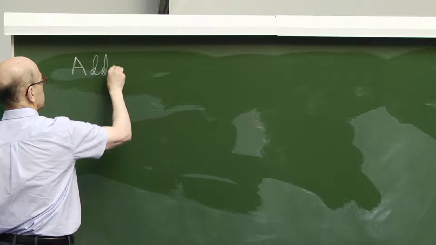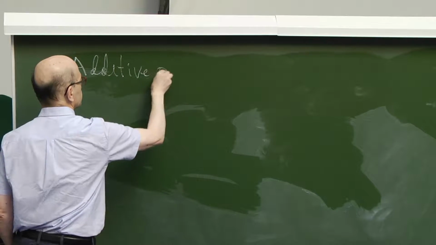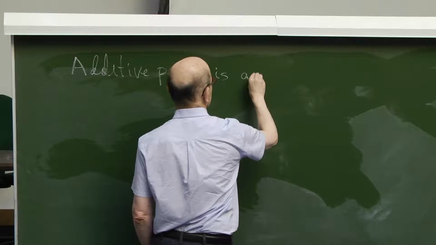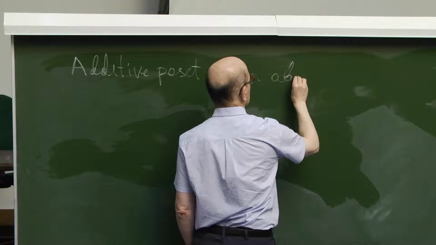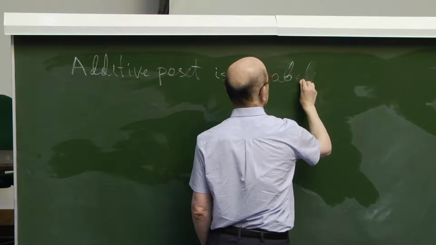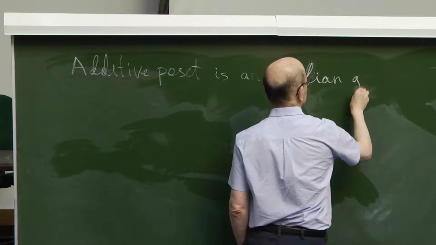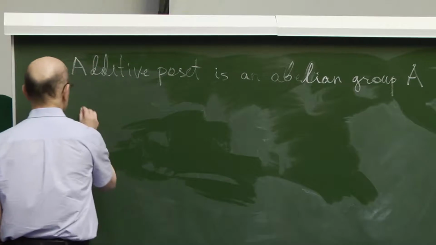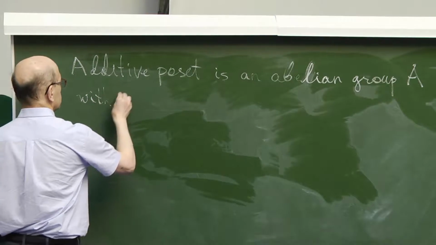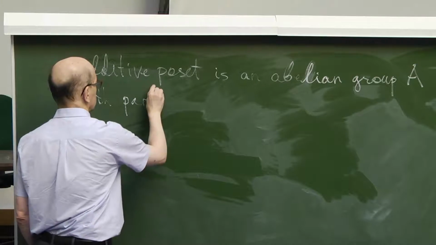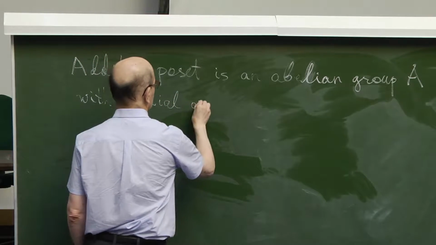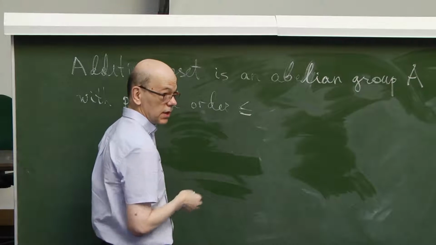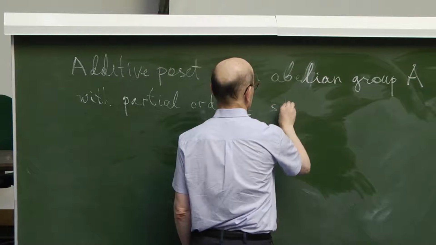An additive poset is an abelian group, let's say A, with a partial order. And this partial order should satisfy two requirements.